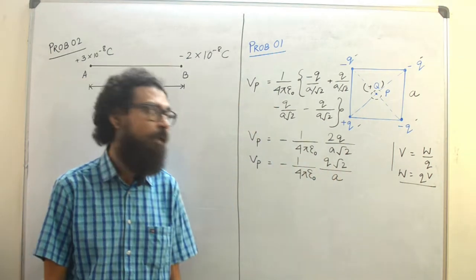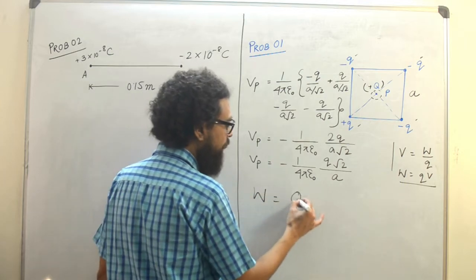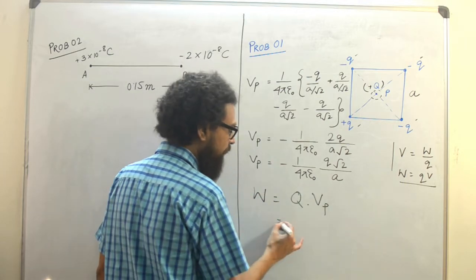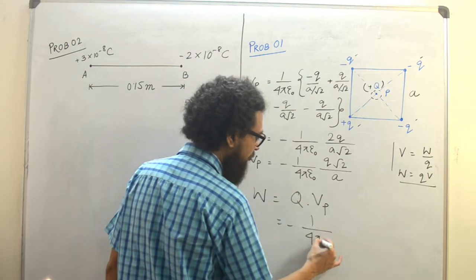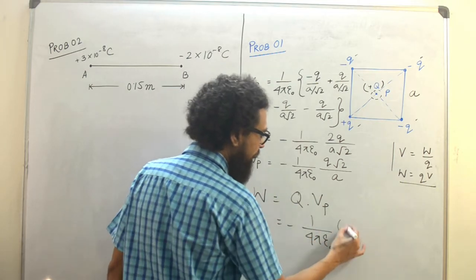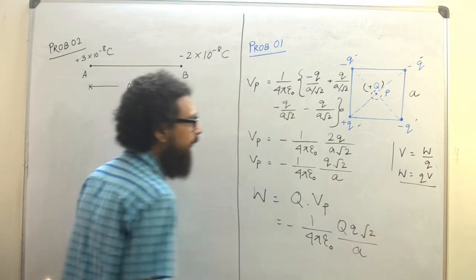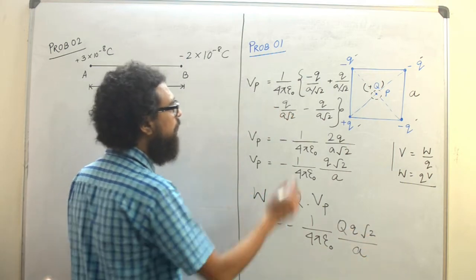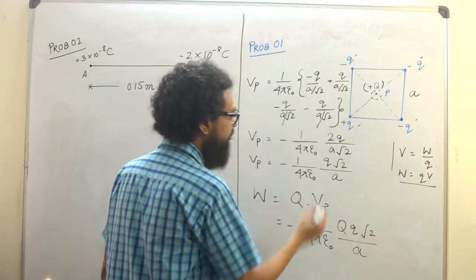I have calculated. Now we have to calculate the work done. So work done is q into Vp, and that is what? You can easily write this 1 by 4 pi epsilon naught capital Q small q root 2 by A. Oh, it was A by root 2. I'm sorry, I'm extremely sorry.